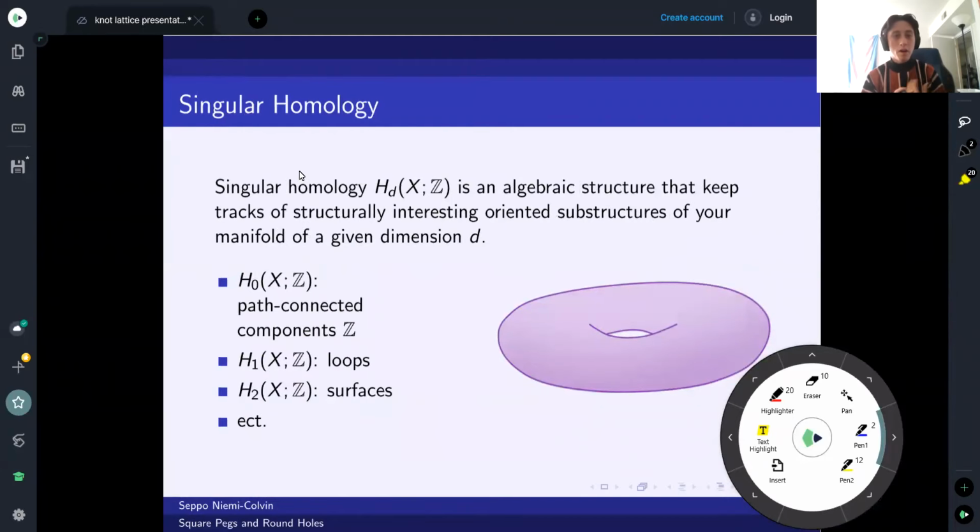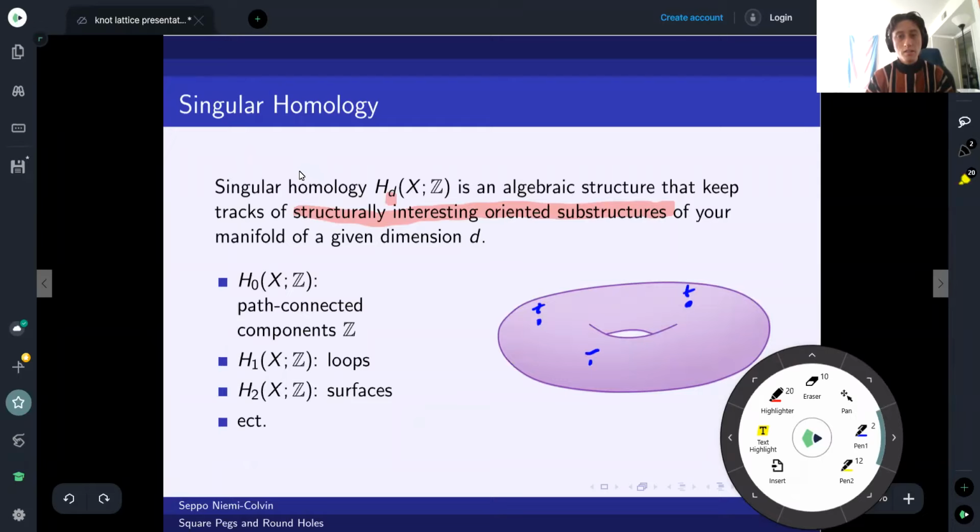One way we might try to study these things is using something called singular homology. This is an algebraic structure that keeps track of structurally interesting oriented substructures of our manifold. We get substructures of different dimensions based on the subscript d. For example, the zeroth homology consists of structurally interesting oriented substructures of dimension 0. So we'll look at points, and they're oriented, so they will come with a sign, plus or minus.